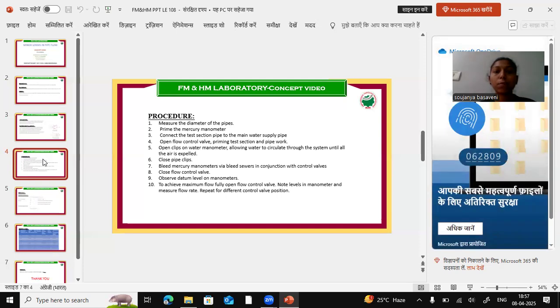Open clips on the water manometer, allowing water to circulate through the system until all the air is expelled. Close the pipe clips. Read the mercury manometers through bleed screws in conjunction with control valves.